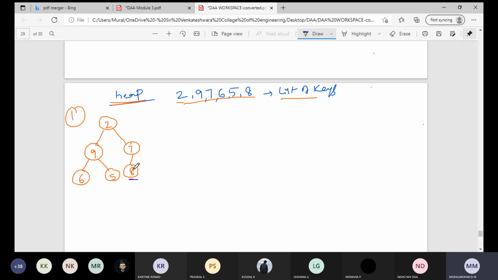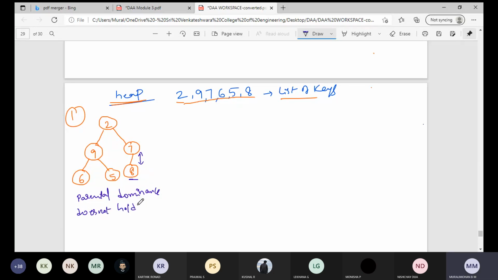So here, you can just compare. 8 is greater than 7, but 8 is at the leaf node. So what should we do? We should exchange these two. So here, the parental dominance does not hold, right?